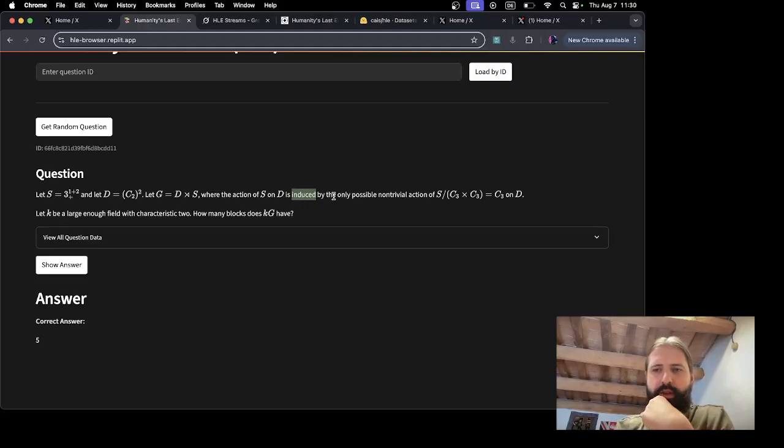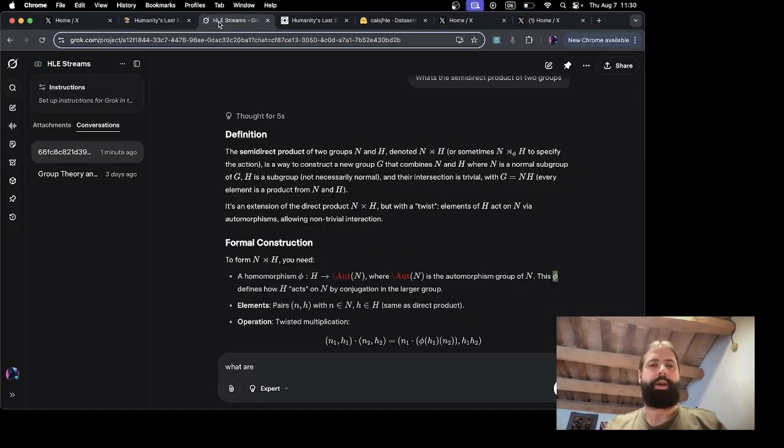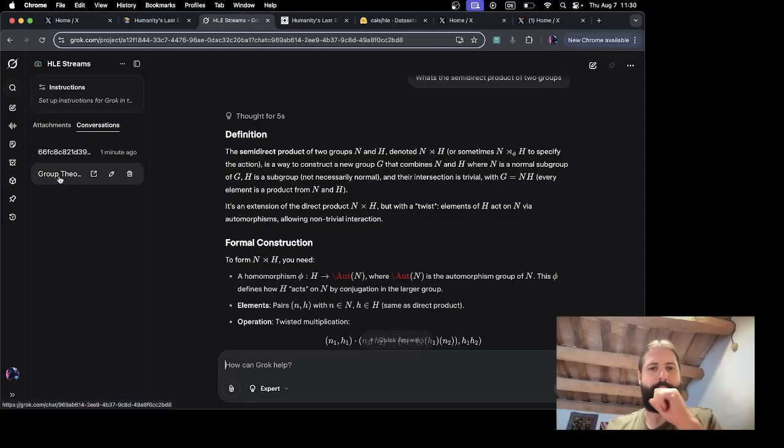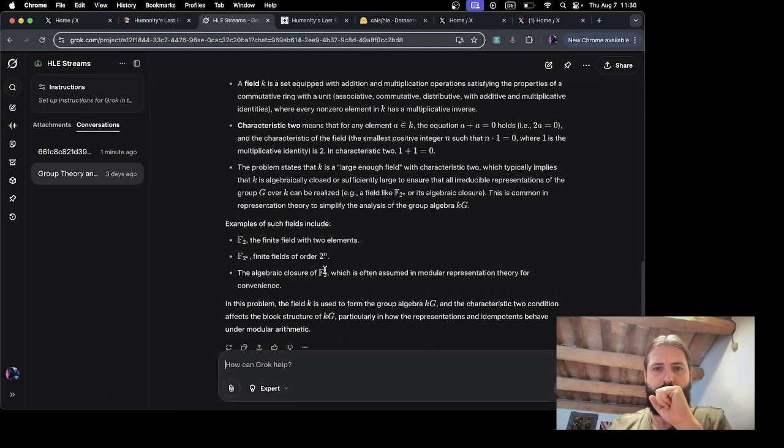I don't know what induced means in this context, but okay. So we're defining two groups, whatever those two groups have in terms of properties. And again, we don't have to try to find a meaning to this, but we need to try to get to 5, but I would like to understand why Grok thought it was 1.